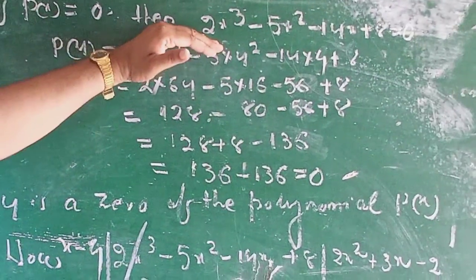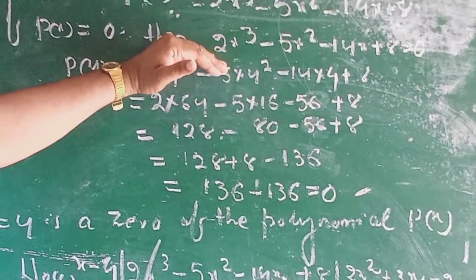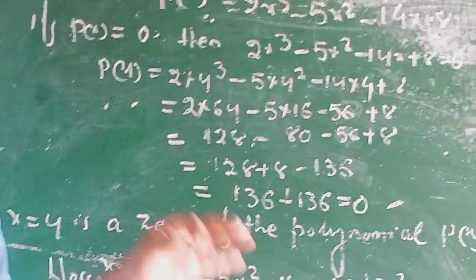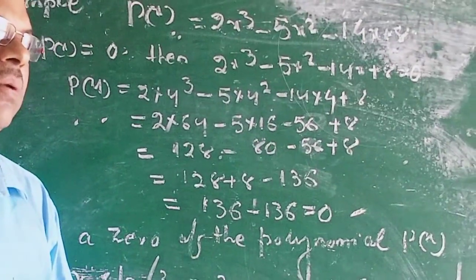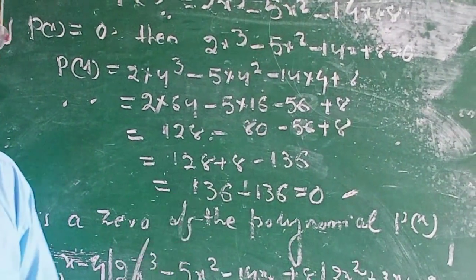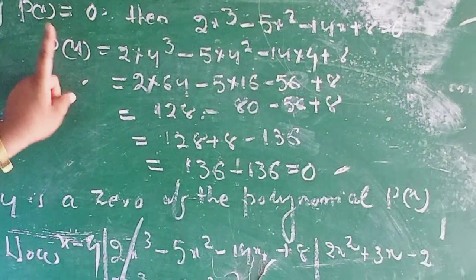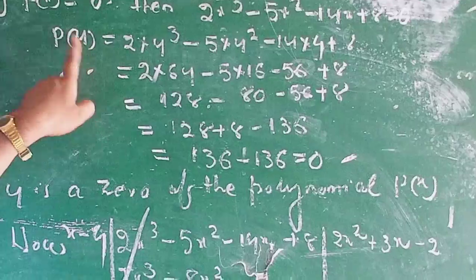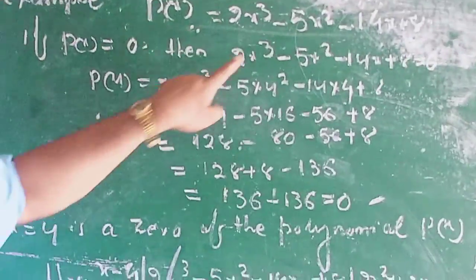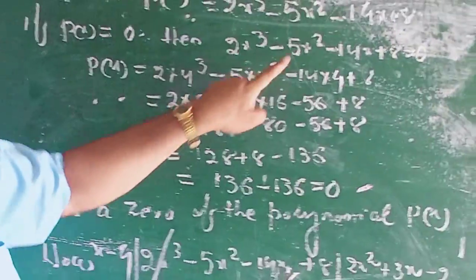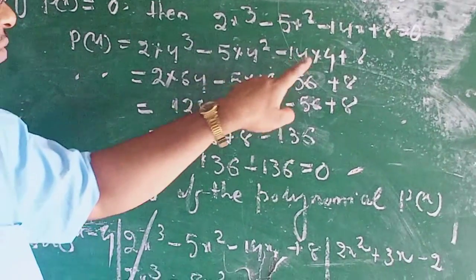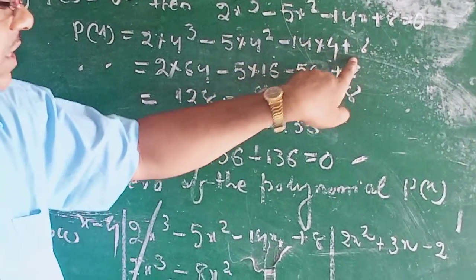Now you see, by the hit and trial method, you have to put the values of x as 0, 1, 2, 3, minus 1, minus 2, minus 3, and see where p of x comes 0. So I have taken x is equal to 4. p of 4 is equal to 2 into 4 cube minus 5 into 4 square minus 14 into 4 plus 8.